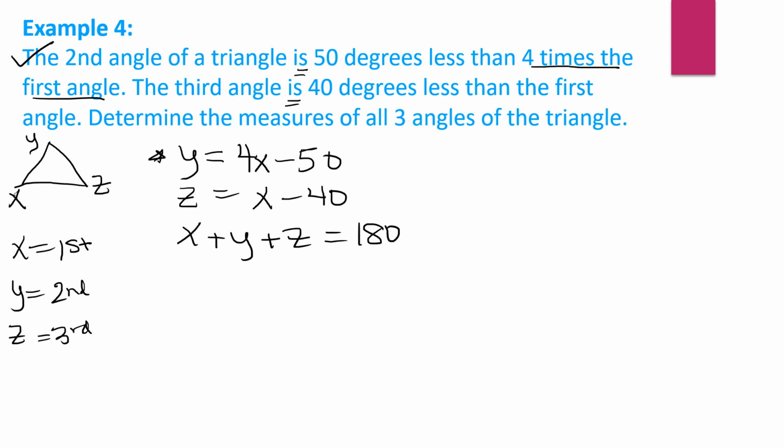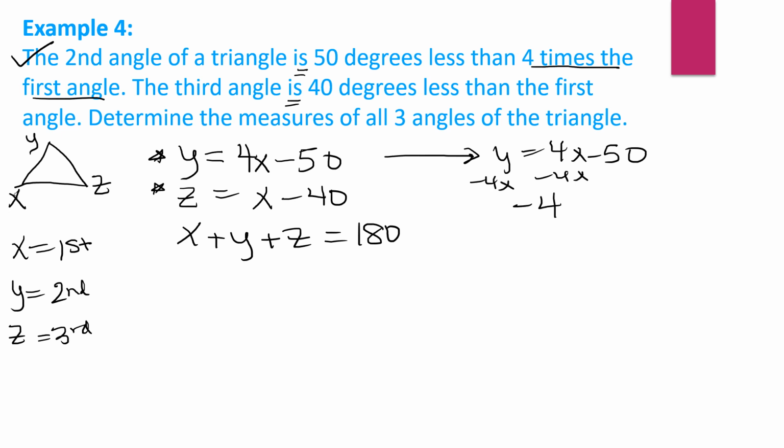Now we're going to rearrange the first 2 that we wrote so that we can have each of them in standard form with the X plus the Y plus the Z equaling our constant value. So I'm going to rewrite Y equals 4x minus 50 in standard form by subtracting the 4x to the other side.